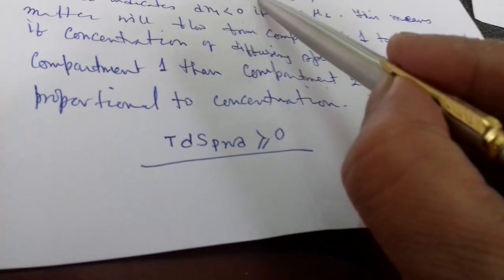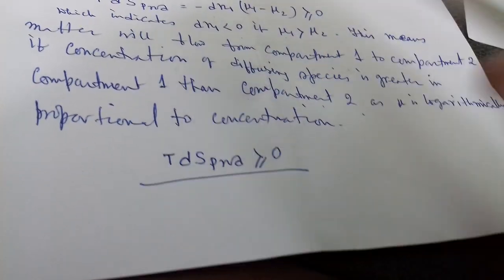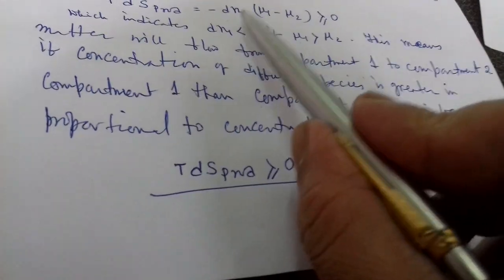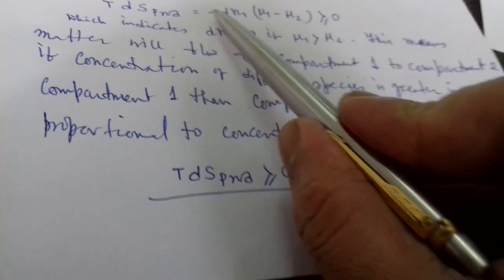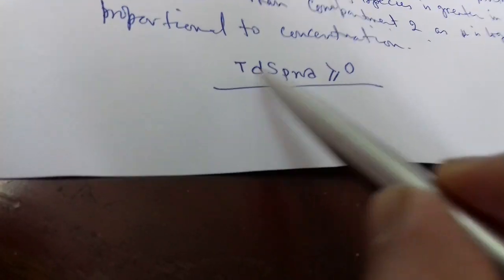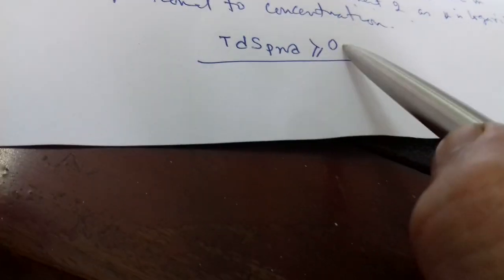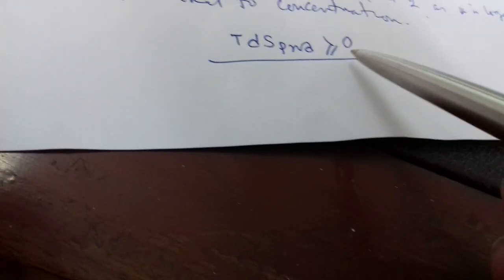If mu2 is greater than mu1, then this factor will be negative, so dN1 must be positive, because then there will be a gain in the number of moles by compartment 1. As a result, the overall T dS prod will be positive, because this is negative and this is negative. Overall, whatever we do, T dS prod is greater than or equal to 0, where greater than is for an irreversible process and the equal sign holds for a reversible process.